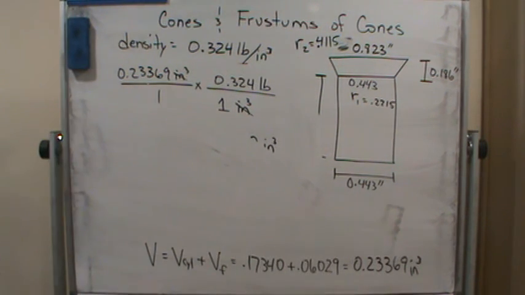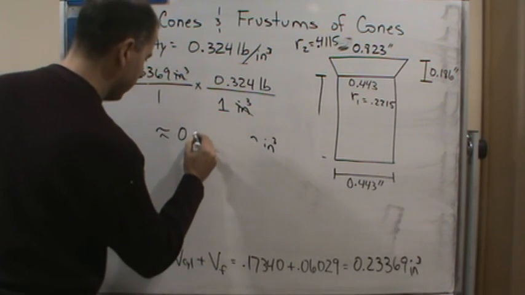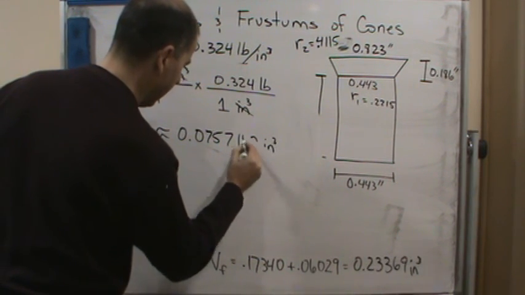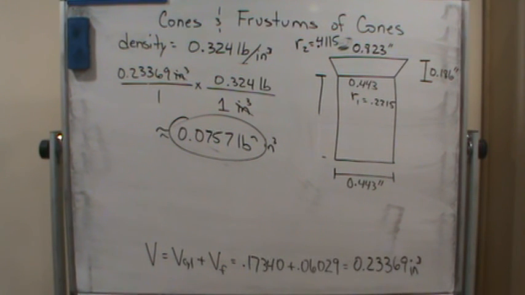If we multiply these two numbers together, we get an approximate answer of 0.0757 pounds, which is the weight of the rivet. Have a good day.